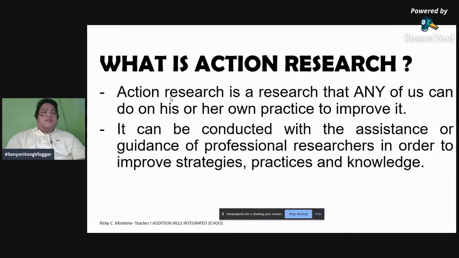So you do an action research. Because in conducting action research, you are going to find out ways to improve your programs or strategies.